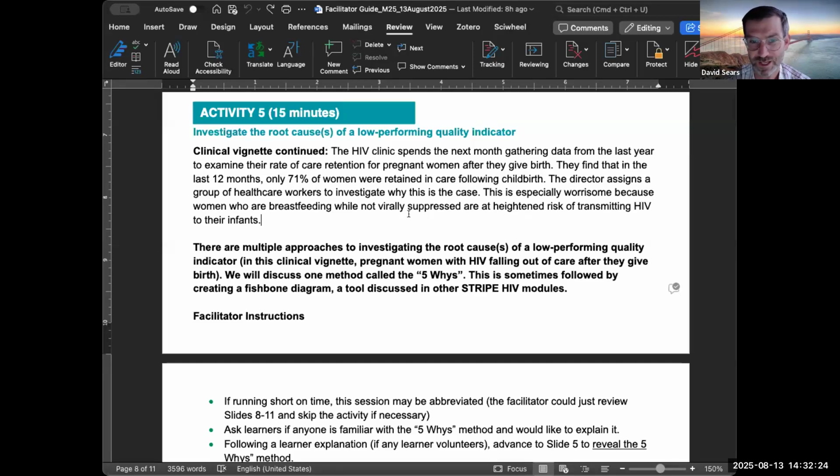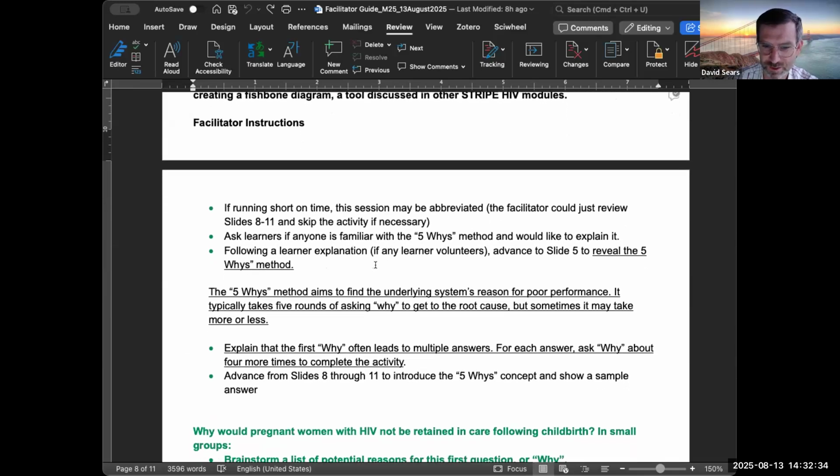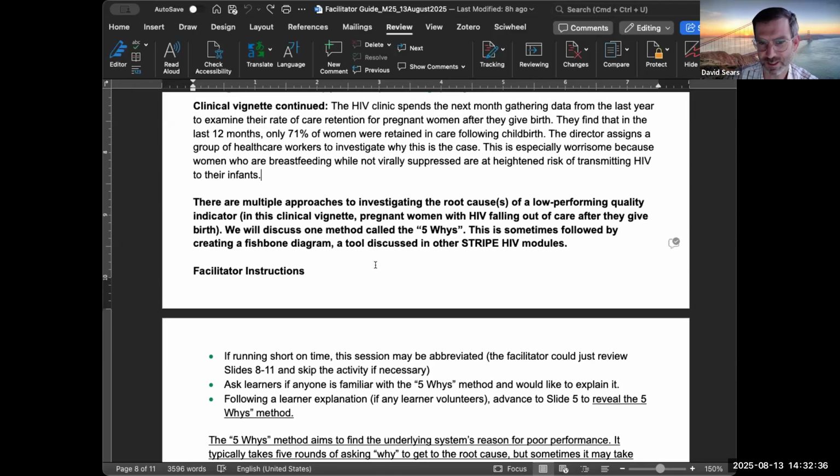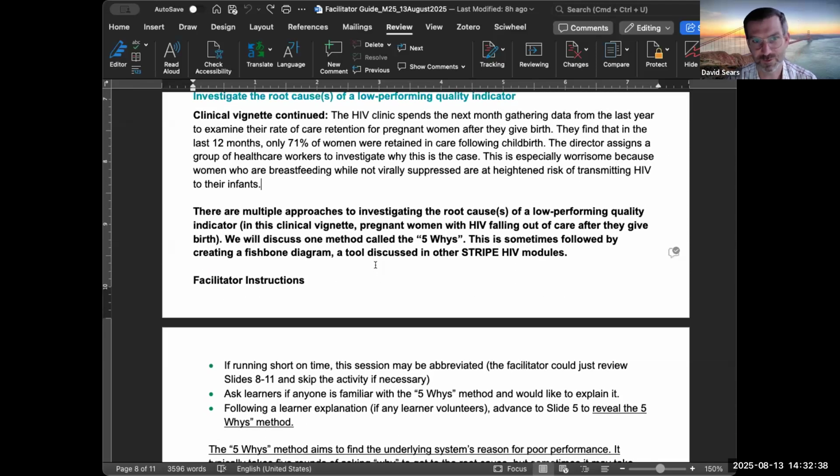And then from that why, you continue asking why. It's called the 5 whys. You can ask a little more or a little less than that, to try and get to the bottom of the issue and the root cause. So if we say 29% of women are dropping out of care after childbirth, why? Maybe you have a few ideas. Maybe it's that the clinic is located too far from where these women live.